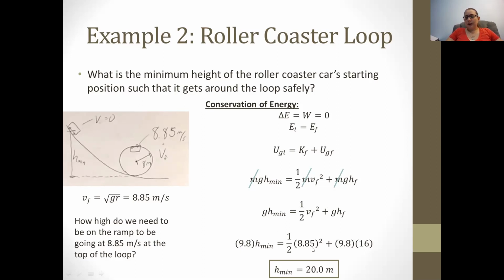Velocity we found to be 8.85. And if the radius of the loop is 8 meters, that means the height of the car at the top of the loop is 16 meters. So that gives us a minimum height of 20 meters for this car to roll down and just barely make it safely around the loop and continue going.